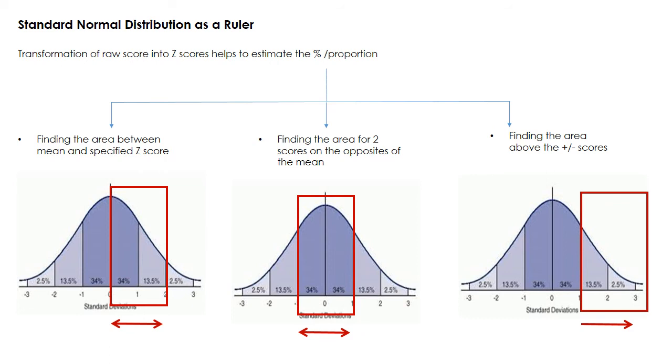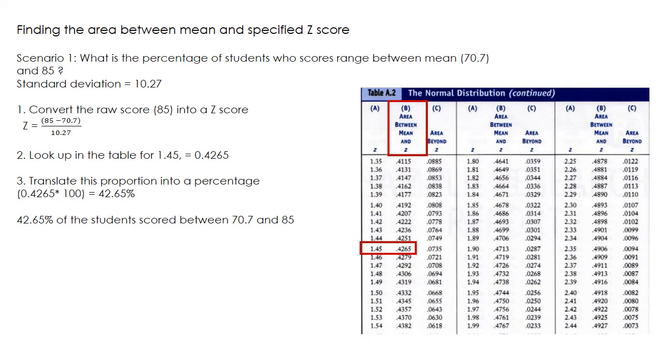So let's look at how these 3 scenarios can be used in a real setting and how to compute them. Firstly, finding the area between the mean and a specified z-score. That was the first scenario of the standard normal distribution.